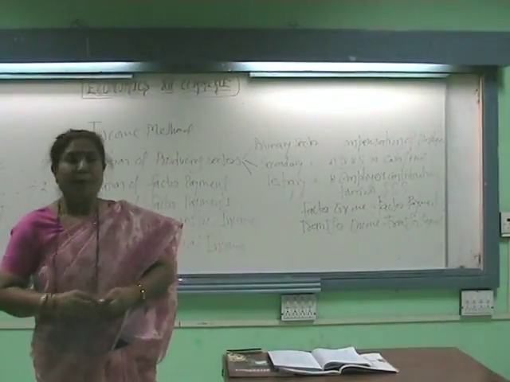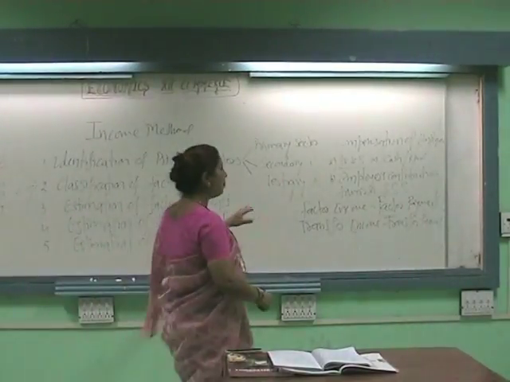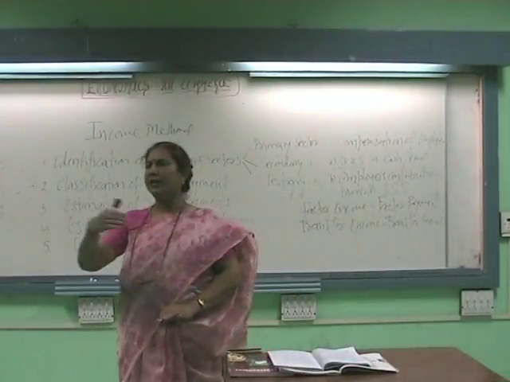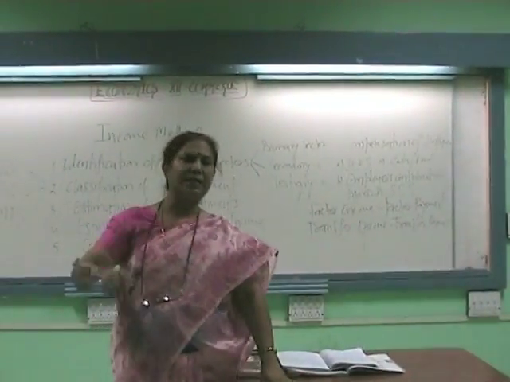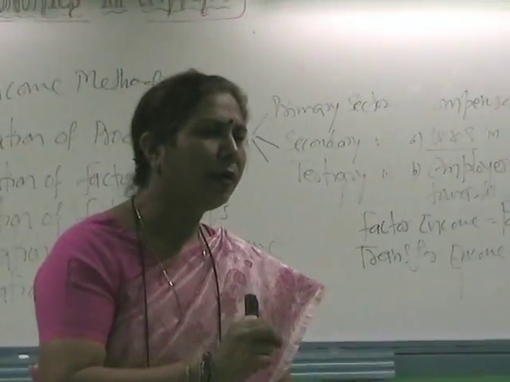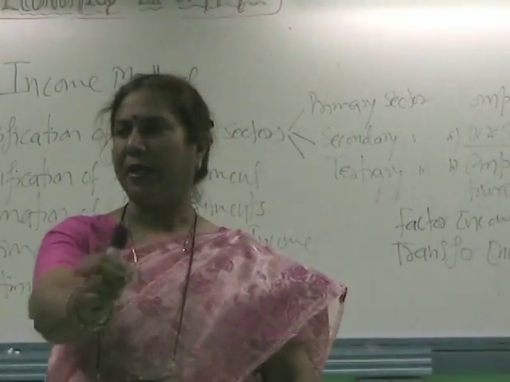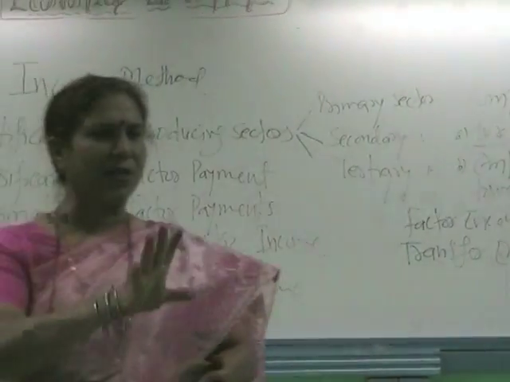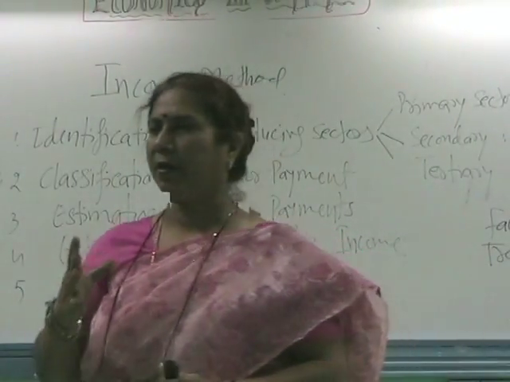Transfer payments are made by one sector to another sector or within the sector without expecting anything from the other party. That is, it is simply a transfer from one pocket to another pocket.